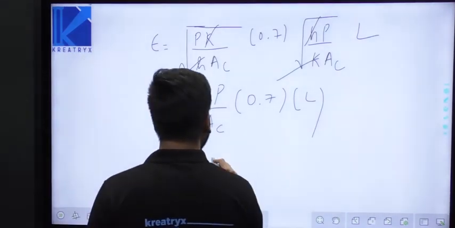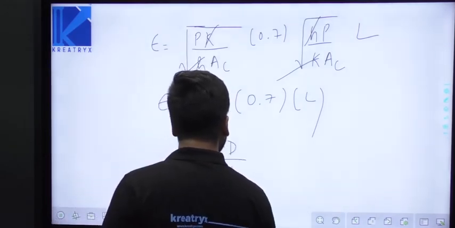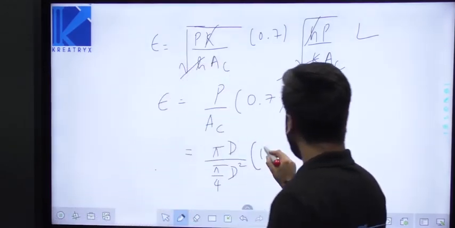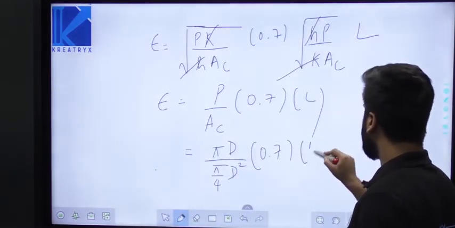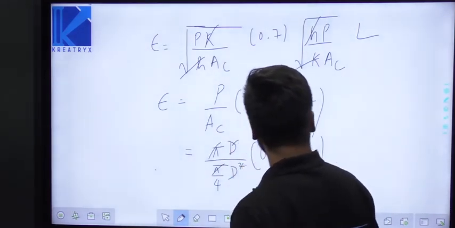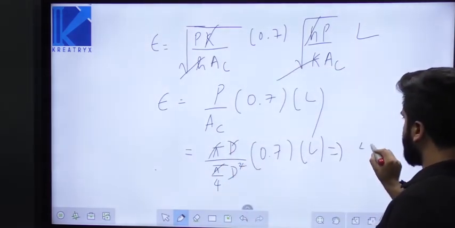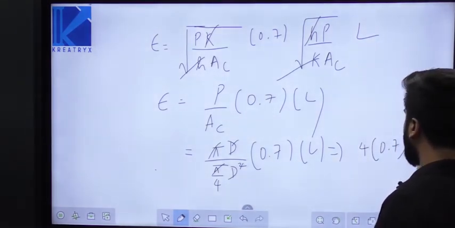So P is pi d and area of cross section is pi by 4 d square. This is 0.7 and L is what? L is 3 centimeter. Let it be L only. This gets cancelled out, this gets cancelled out, and this will be 4 into 0.7 L upon D.